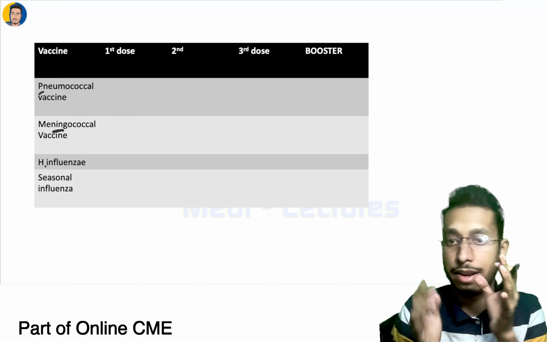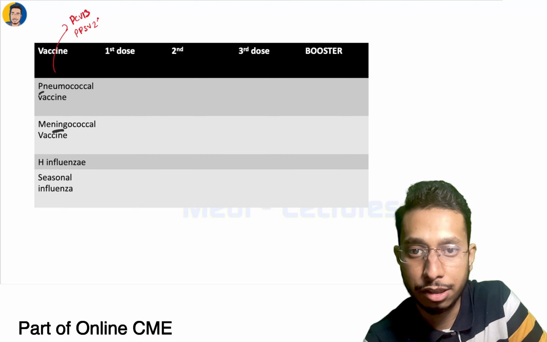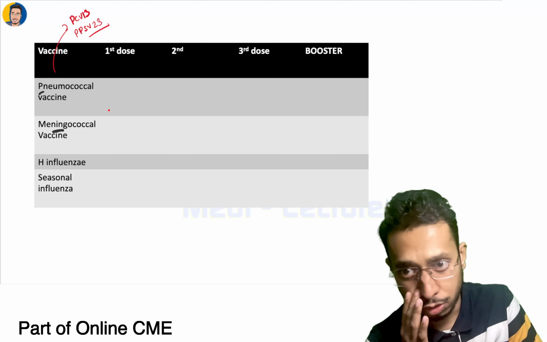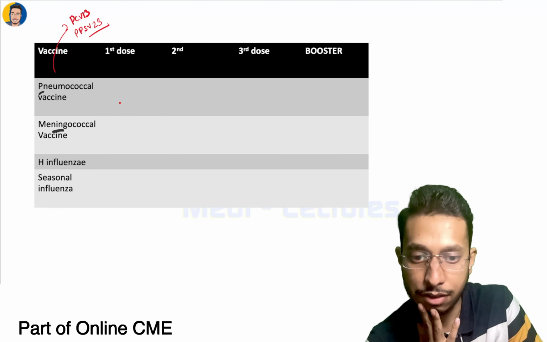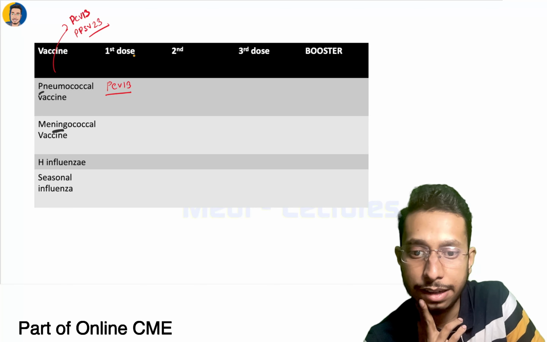What are the strategies used for vaccinating this patient? For pneumococcal, we have two vaccines available, PCV13 and PPSV23. The first dose indicated is usually PCV13, and it is given around 2 weeks after the splenectomy.